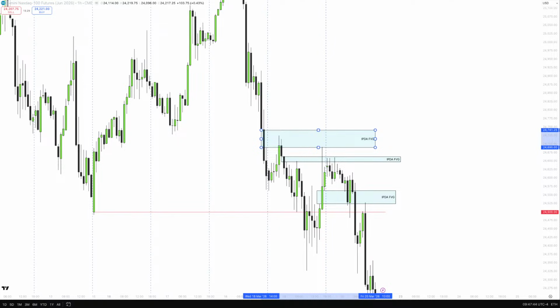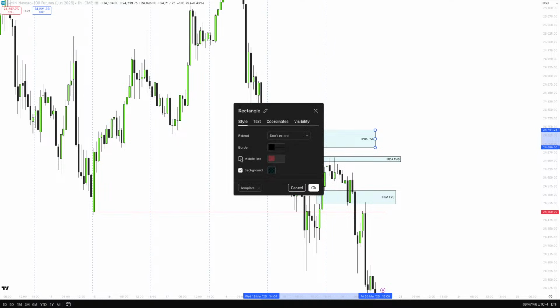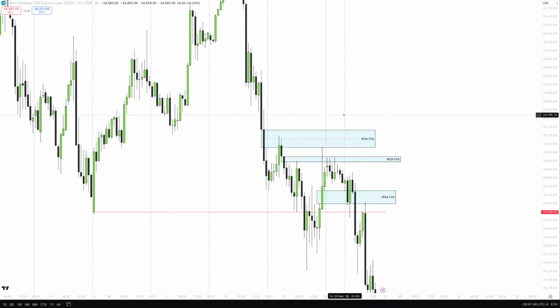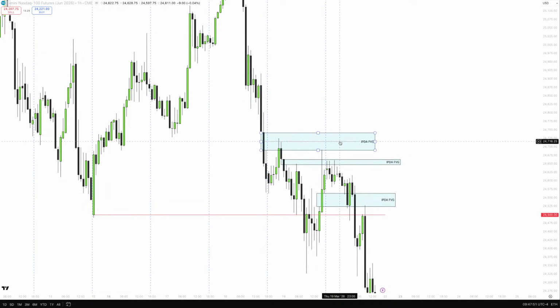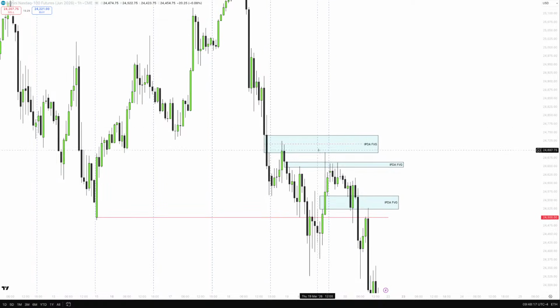And also always consider the quadrant levels. This is the midpoint of this FVG, so if we respected this FVG, we shouldn't close bodies above the midpoint of the FVG. As soon as we see that we close inside of that FVG but still below the midpoint, then that is fine. And the wicks are allowed to wick above the midpoint.